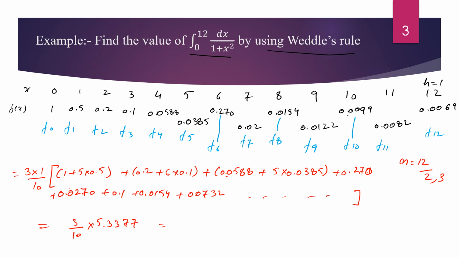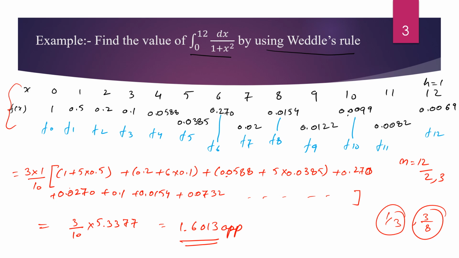Using the formula we will get 3 upon 10 into 5.3377, which is equal to 1.6013 approximately. Remember, the solution is always approximate because you are using a numerical technique. And for this same interval you have to calculate Simpson 1 by 3 as well as 3 by 8 rule and verify whether the solutions of these three are equal to this value or not.